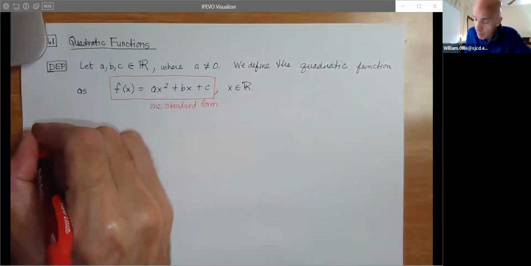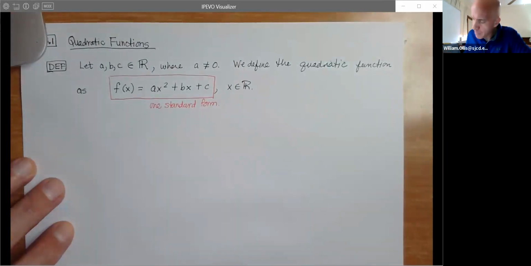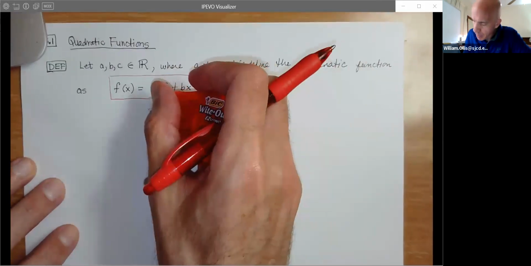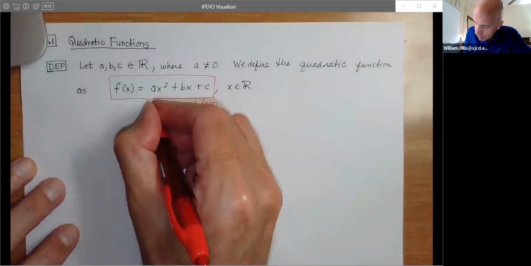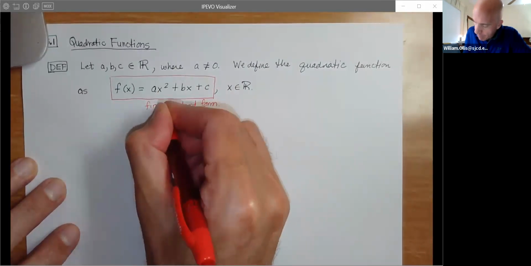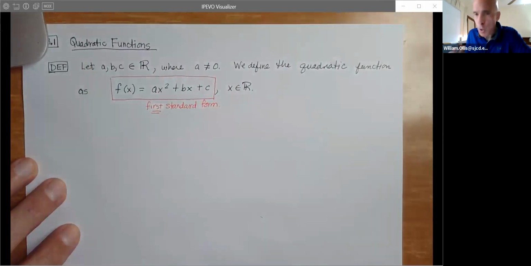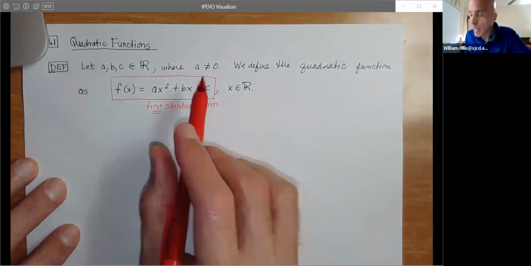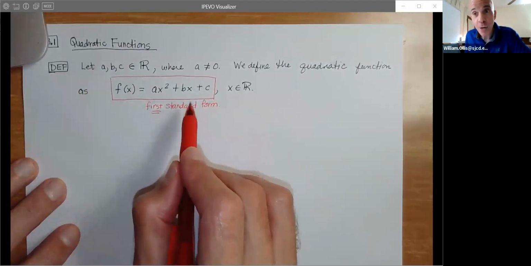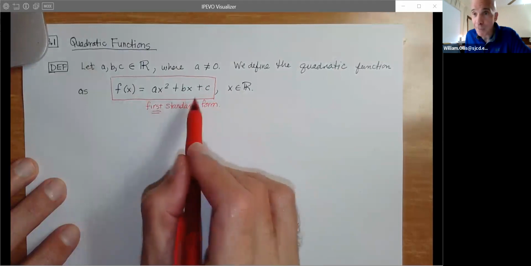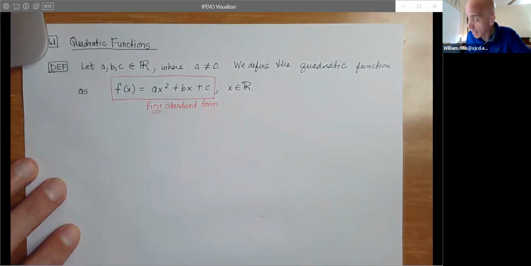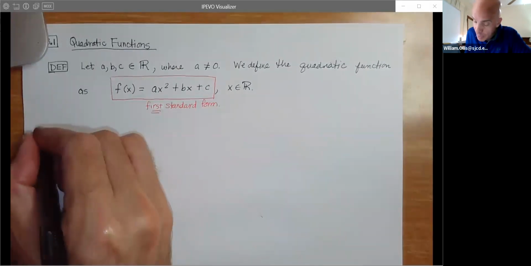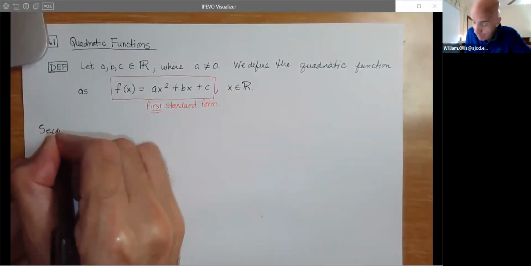Let me just call this the first. So here's the thing, if you start out with this and they say write the standard form, don't type this again, because that's clear. They mean this one. And here is the second standard form.